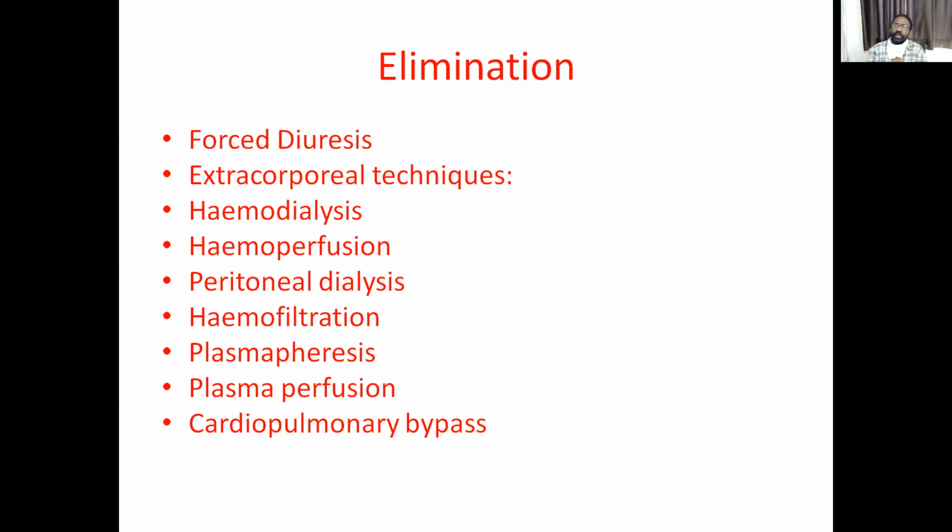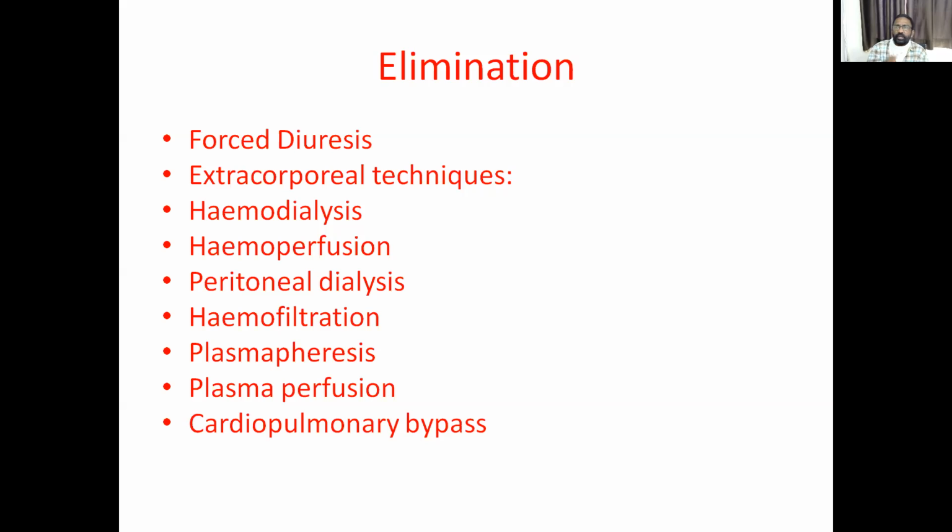Next is elimination of the poisonous substances by these following methods: forced diuresis and extracorporeal techniques, hemodialysis, hemoperfusion, peritoneal dialysis, hemofiltration, plasmapheresis, plasmaperfusion, and cardiopulmonary bypass.